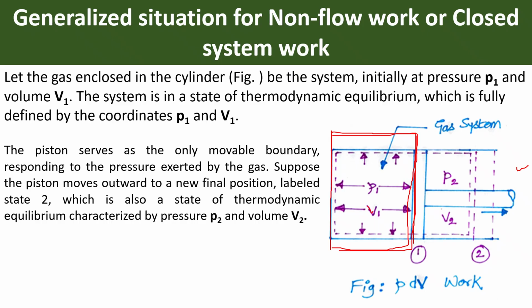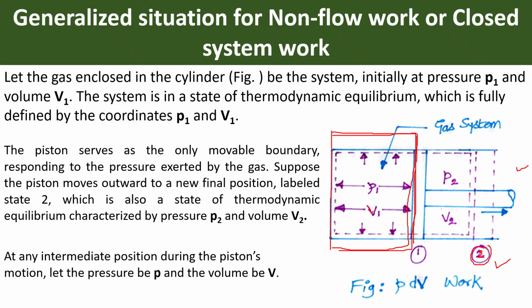Suppose the piston moves outward to a new final position, labeled state 2, which is also a state of thermodynamic equilibrium characterized by pressure P2 and volume V2. At any intermediate position during the piston's motion, let the pressure be P and the volume be V.